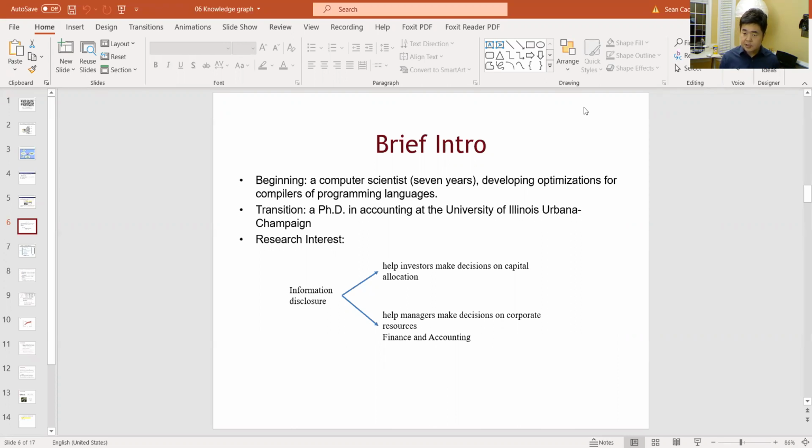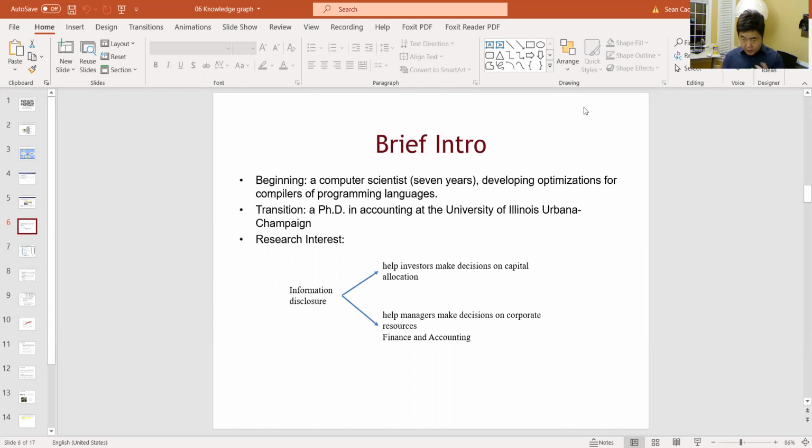In today's case, we're talking about a knowledge graph: how we use the knowledge graph to help investors, and how we use it to help managers. We're doing different things from computer science majors, because they are the scholars who create the algorithm of the knowledge graph. We are the group of people who apply the knowledge graph to investor decision making and manager decision making.